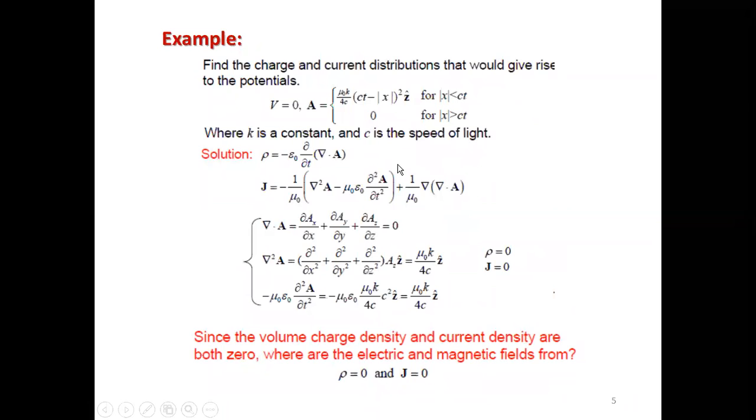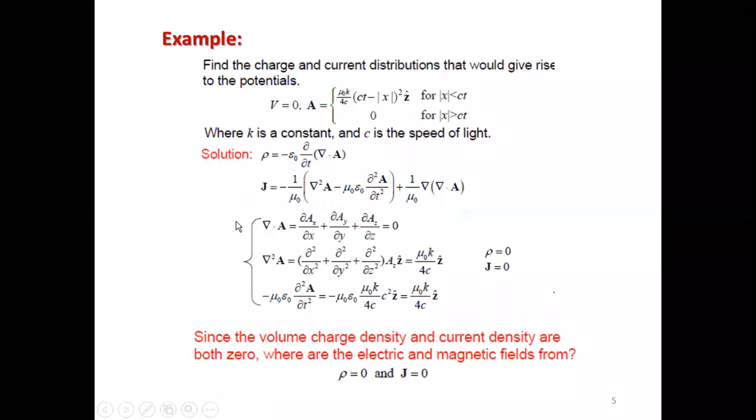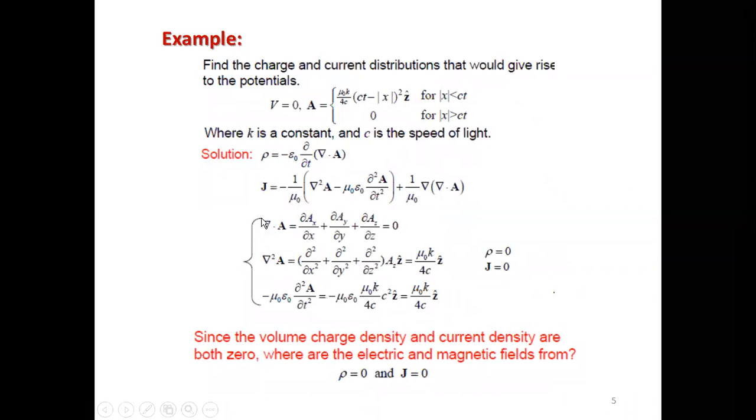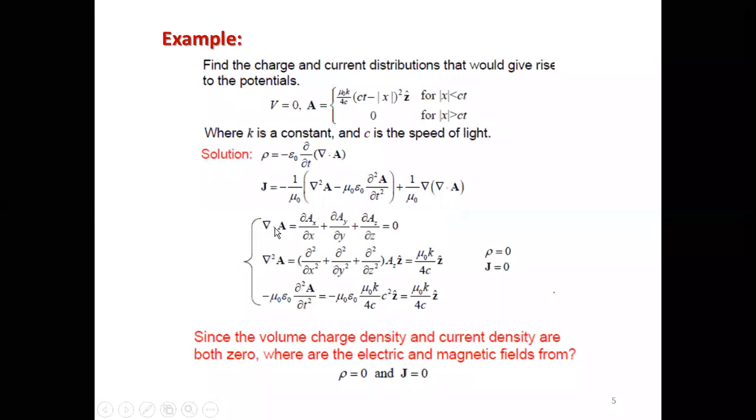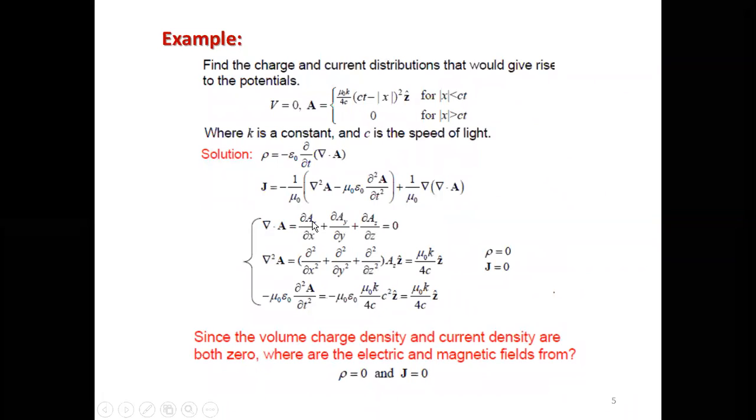Now how does this become 0? I just substituted divergence of A equals to 0. Divergence of A, if we find it here, will give us three terms. If Ax, Ay, Az are the three components of the vector potential, then dou Ax over dou x, dou Ay over dou y, dou Az over dou z.